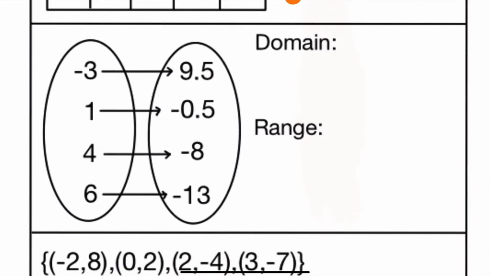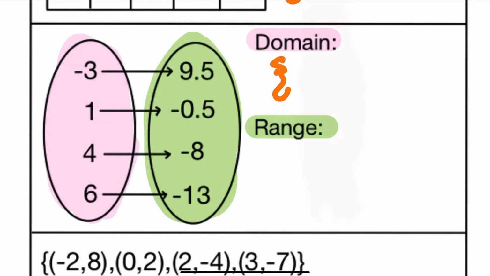Domain is going to be our inputs again. So that's this side, or our x values. Our range is going to be our outputs, or our y values. Okay. So for my domain, I'm going to start again with my curly brackets, and I'm literally just going to list all of the numbers that are in my domain.